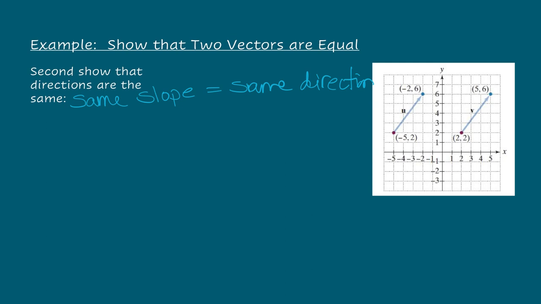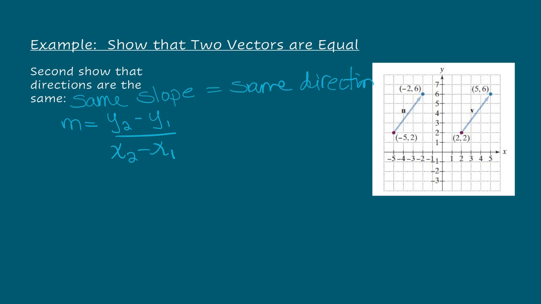So remember the slope formula equals y2 minus y1 over, not m2, I had m on the brain and I wrote m. X is what I meant to write: x2 minus x1.